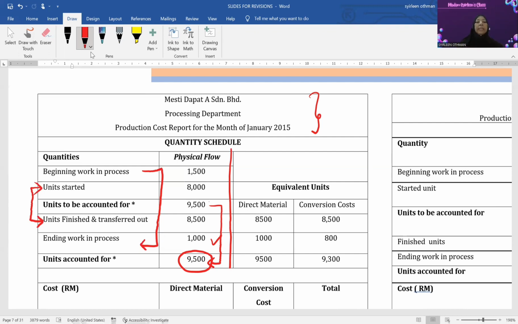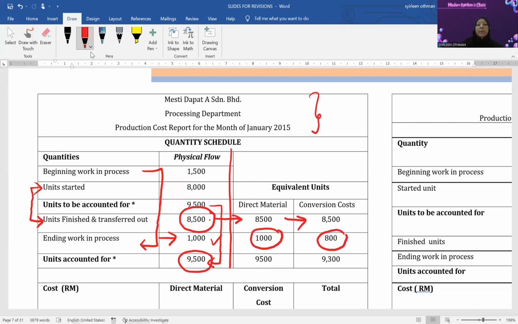Bila kita dah dapat unit finish and transfer out, this amount is 8,500. So you just akan ambil balik amount ini dan pindahkan ke direct material dan juga conversion cost, the same amount without doing any further calculations. Tapi your ending work in process yang kita dapat dari soalan tadi 1,000, that is for the physical flow. Kalau saya nak kira untuk respective items, untuk direct material dan juga conversion cost, I need to multiply 1000 ni dengan percentage of completion.